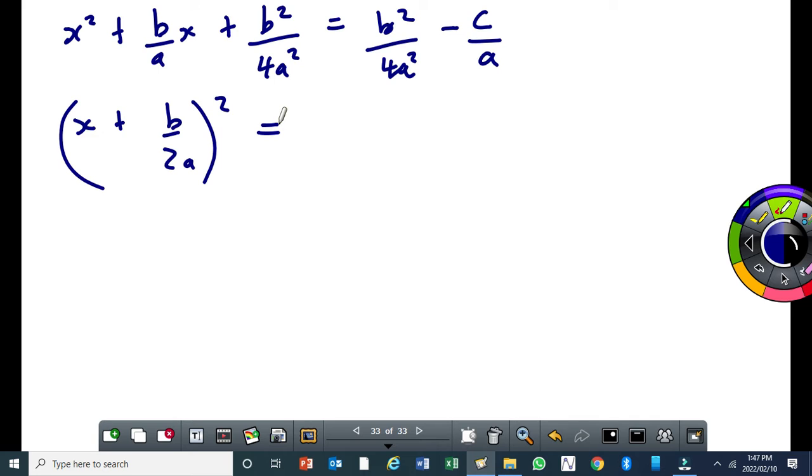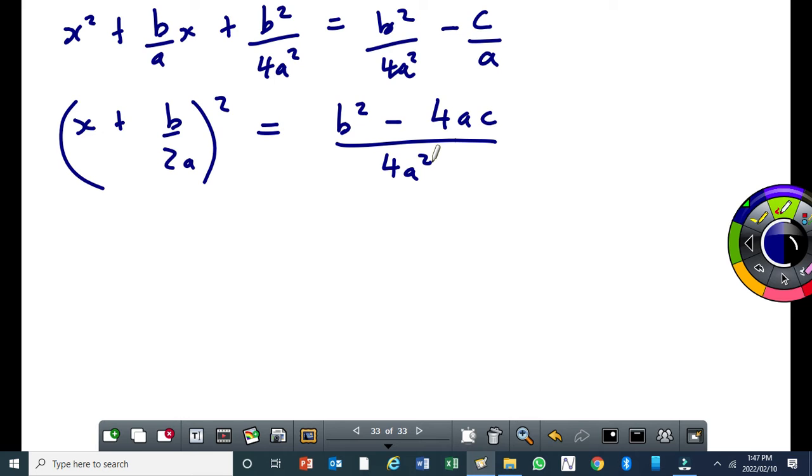Now that LCD is going to be 4a squared. So what that means is, I can write this as b squared minus 4ac all over 4a squared. So I multiplied the numerator by 4a because the LCD of the right hand side is 4a squared. Okay? Then you can start smiling when you get here now.